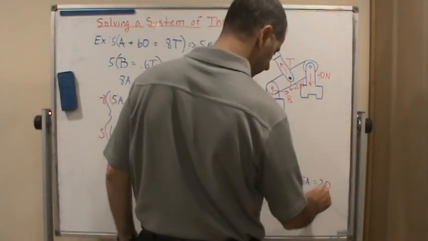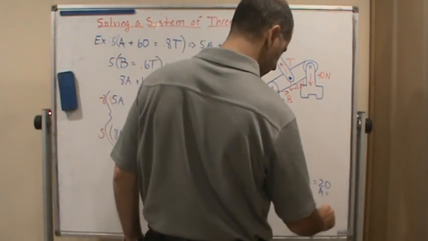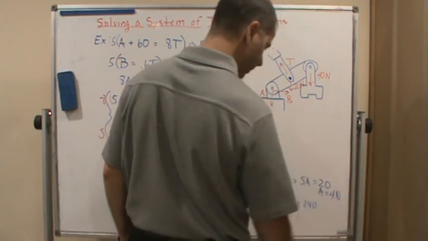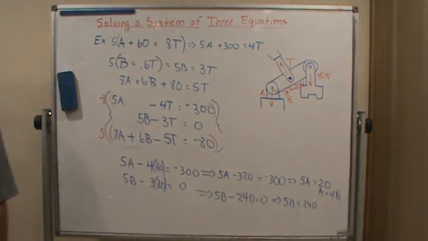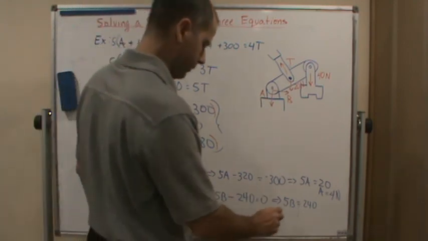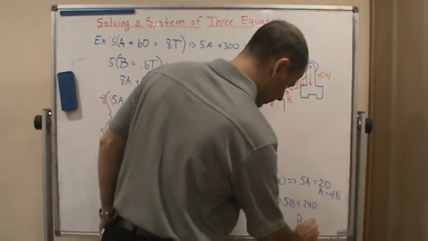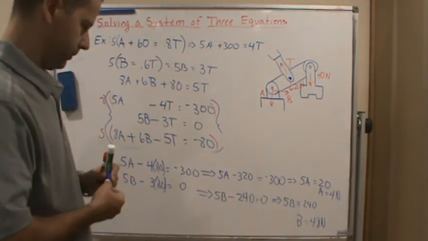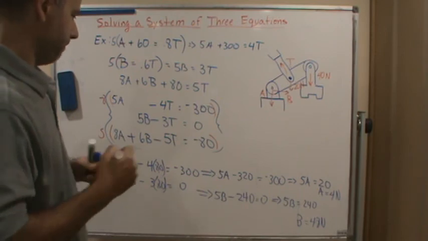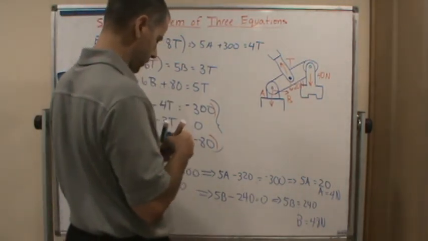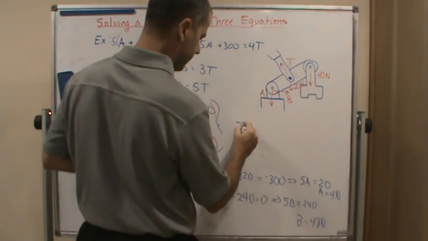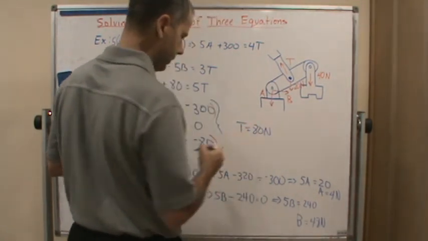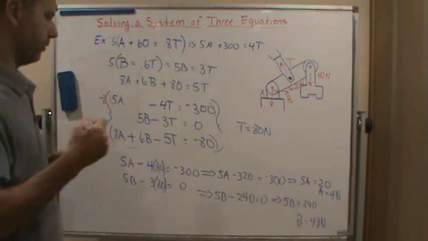And so up here, we get A will equal what? 4 newtons, right? Because all we have to do is divide by 5. And B equals 48 newtons. And of course we had T equals 80 newtons. Okay, so we've got our 3 answers.